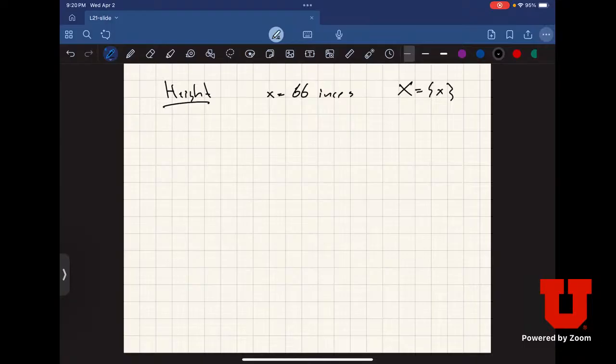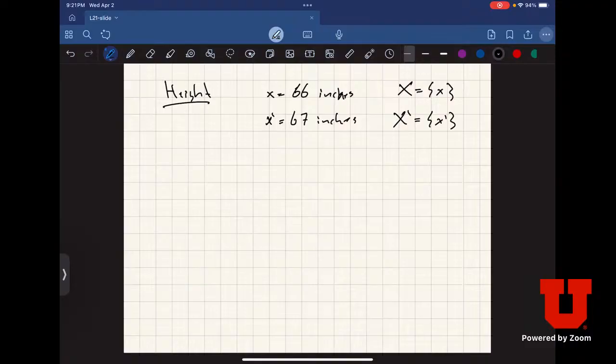X is going to be the height in inches. And they want to pretend that they're taller. They want people to think x prime is going to be 67 inches. So x prime is going to be a single data point of 67 inches. And I want to say, can we distinguish these 2 things?